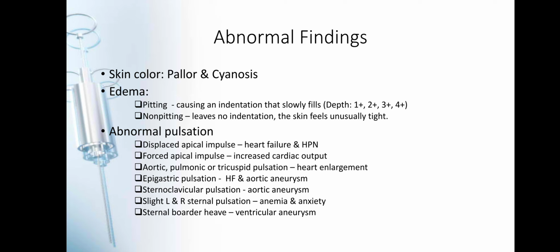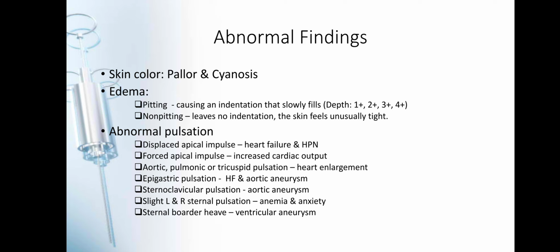Aortic, pulmonic, or tricuspid pulsation, if ever meron po kayo narinig na mga abnormal pulsation dyan sa aortic, pulmonic, and tricuspid, meaning may heart enlargement. Epigastric palpation, merong heart failure or aortic aneurysm. Sternoclavicular pulsation, maaari pong ang patient ninyo ay merong aortic aneurysm.